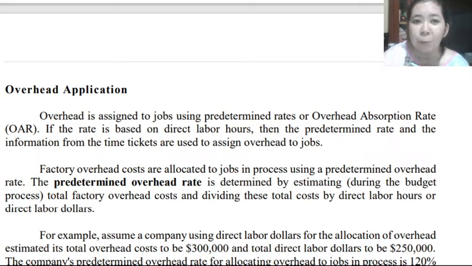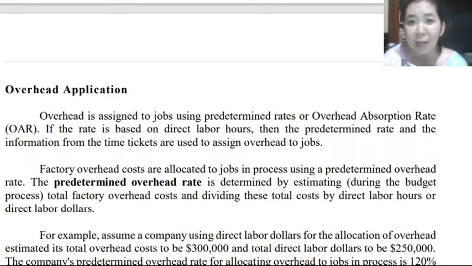So how do we determine this predetermined overhead rate? This is by estimating, during the budget process, the total factory overhead cost, and we will divide this total cost by the direct labor hours, or you can also use the direct labor in terms of its value in money.